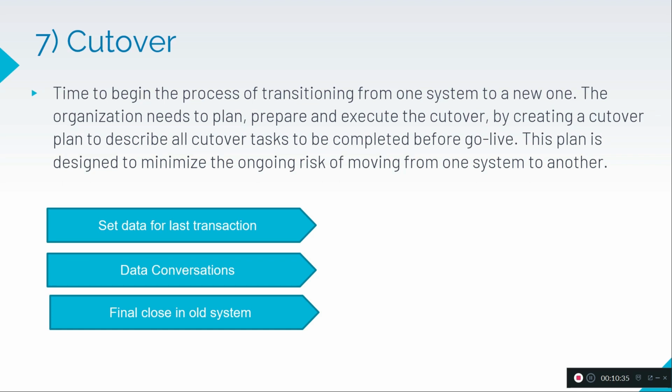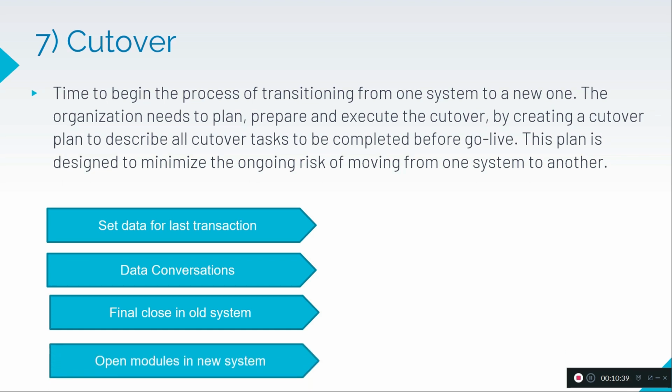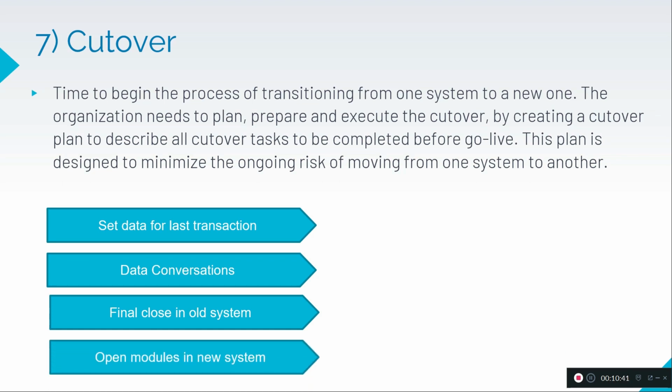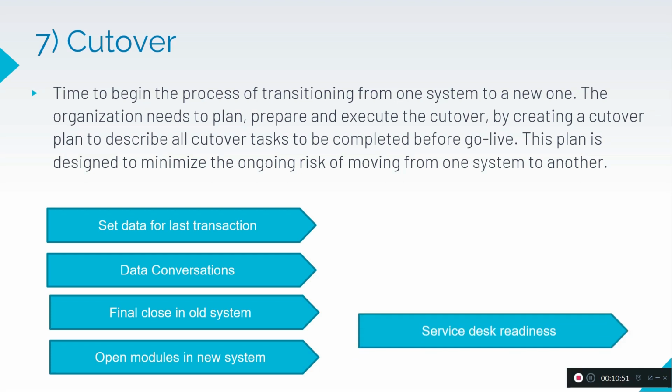Then we will call final close for the old system and open new modules, the new system. So before go live, all the modules will be up and running in the new system.